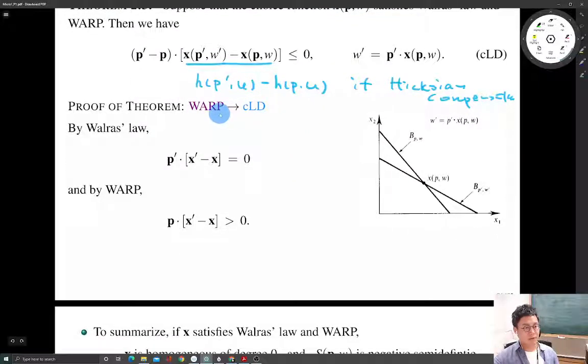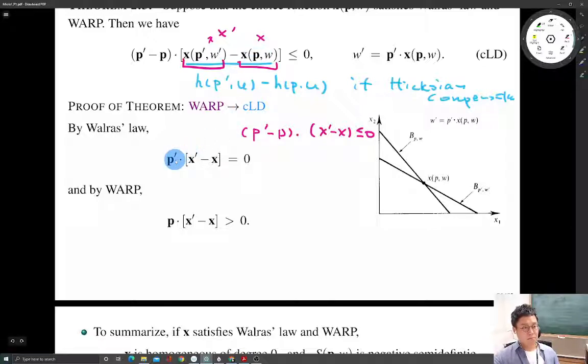So let me just prove that WARP implies the law of compensated demand. For the proof, let me call this choice x prime, and this choice x. We want to show that (p prime minus p) dot (x prime minus x) is less than or equal to 0. The proof is really simple.